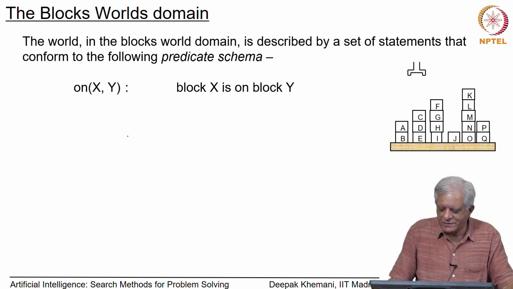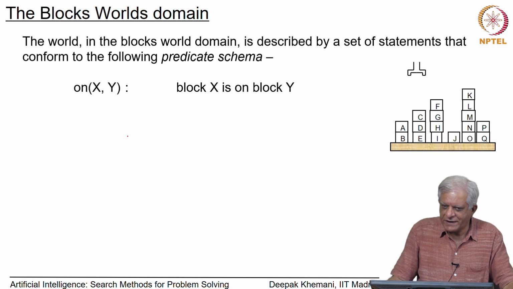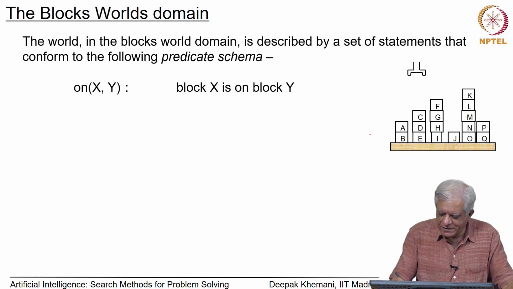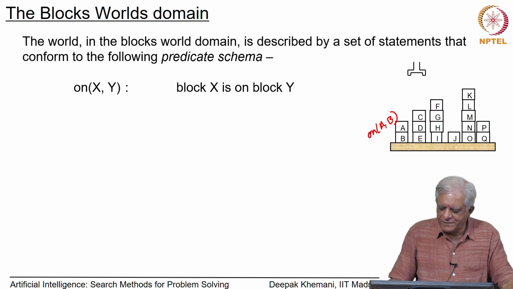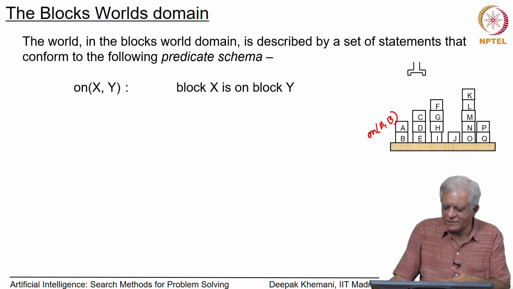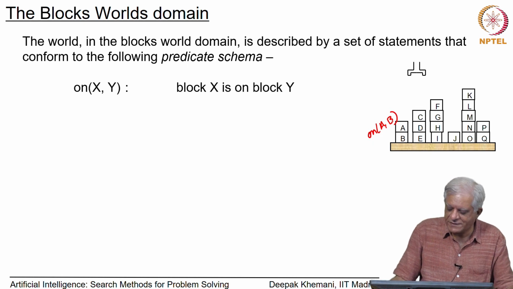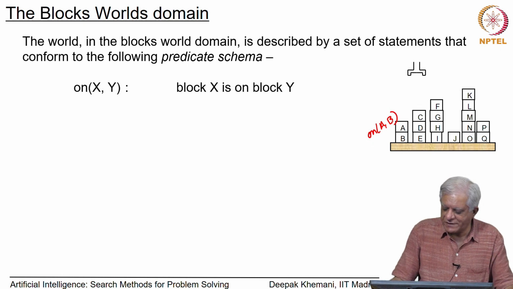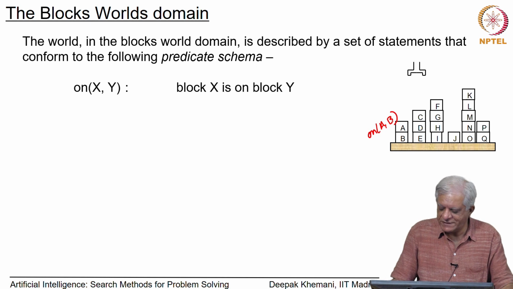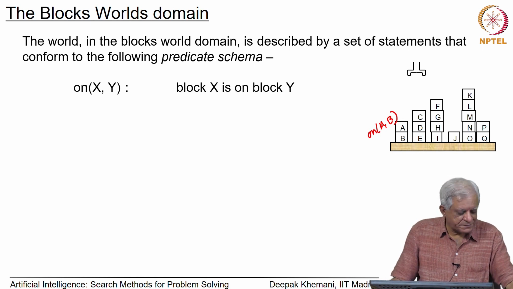In the diagram on the right, you can see that block A is on block B, so you can express that by saying on A B. So, we can describe the world with a whole set of instances of this predicate: A is on B, C is on D, F is on G, and so on and so forth.